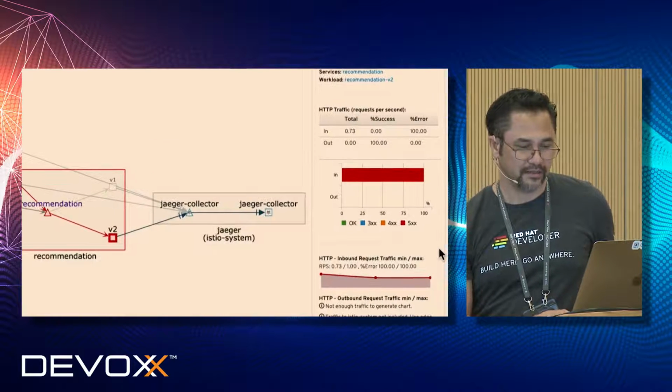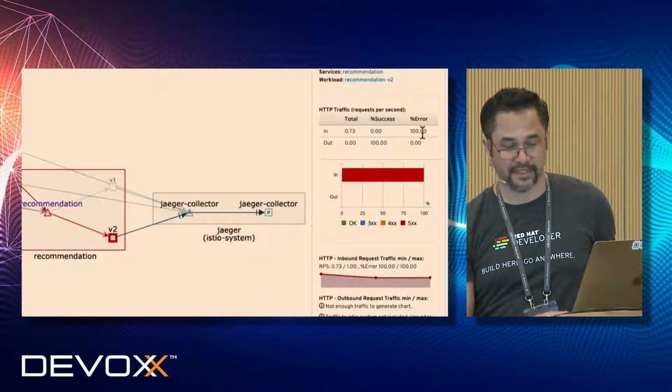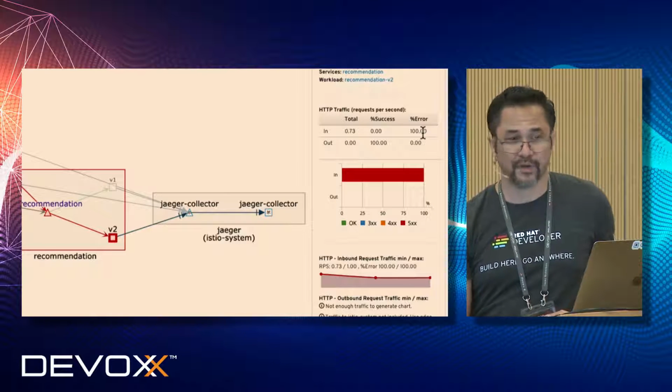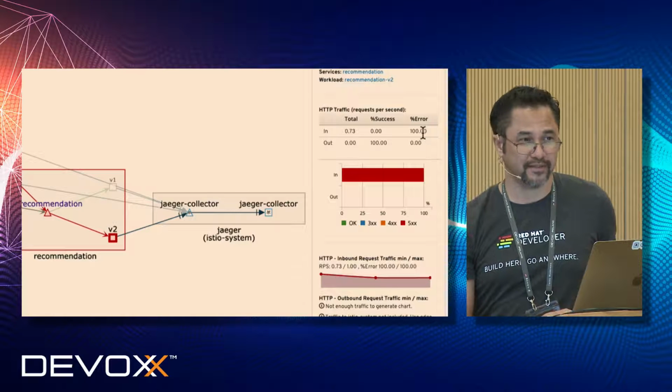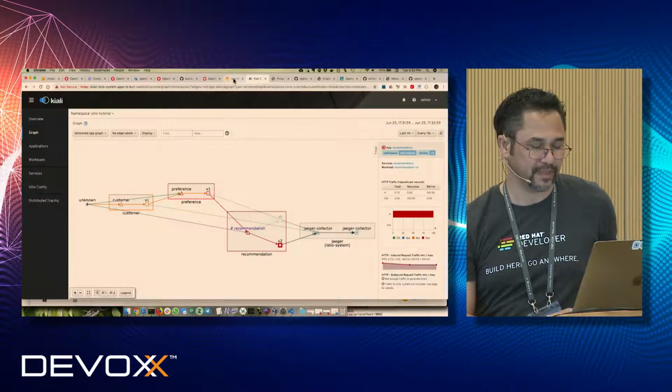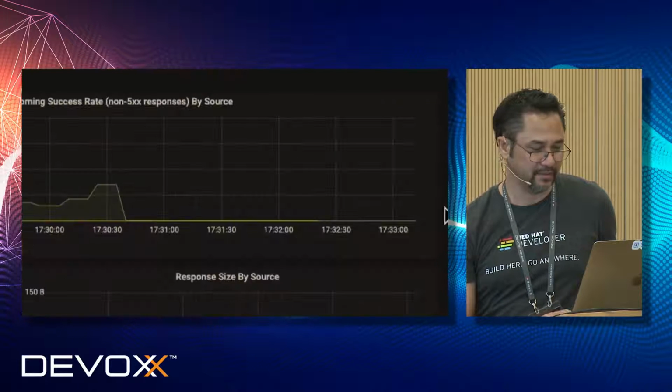You can kind of see that it's 100% error rate based on when I was looking. So that would be the way you would know if you're practicing the dark launch, the dark canary. If you're practicing a canary type rollout, who is misbehaving? Are they poorly behaving? And how do I do something about it? And you kind of see right here that something bad is happening.